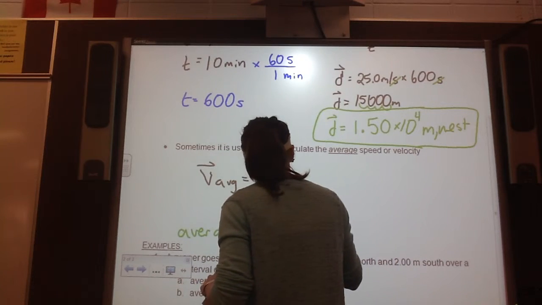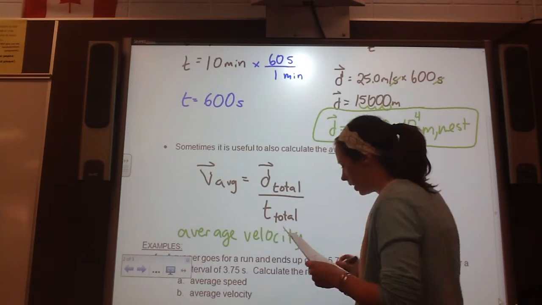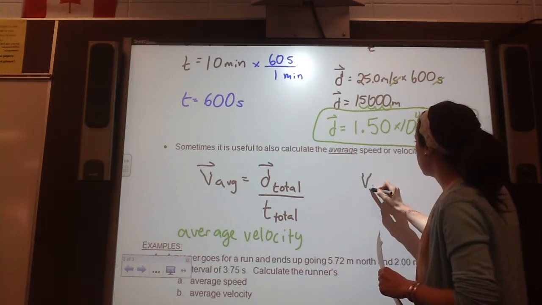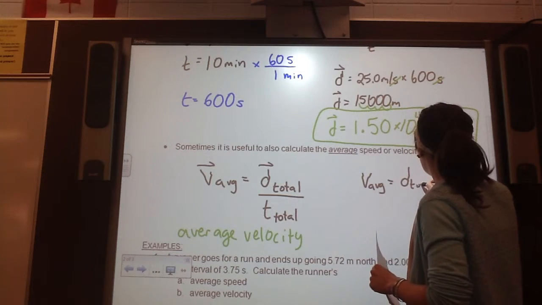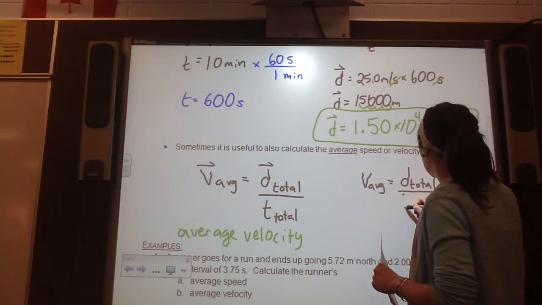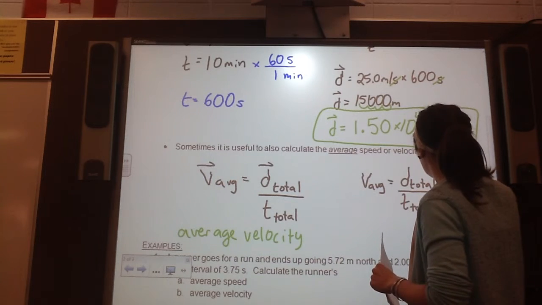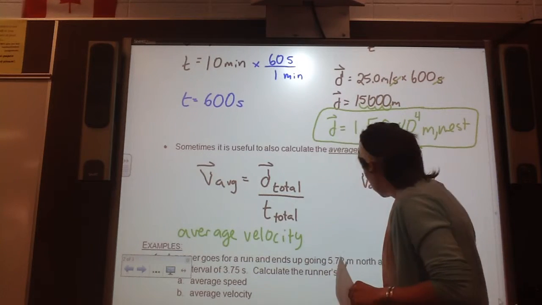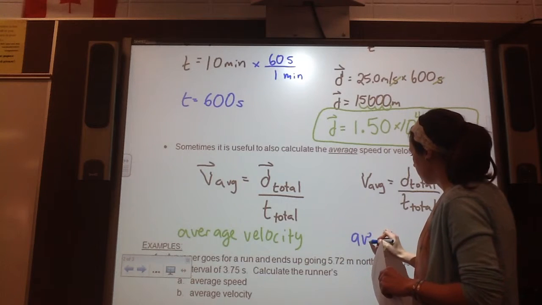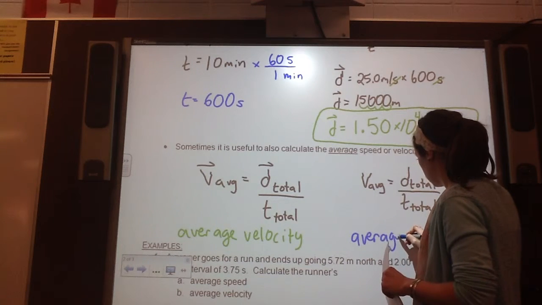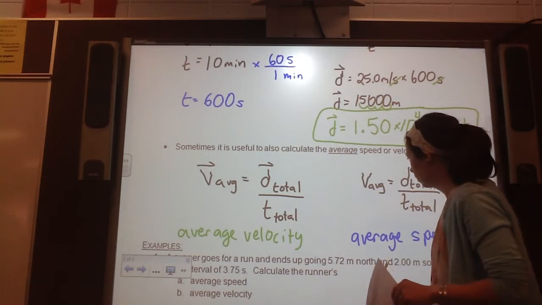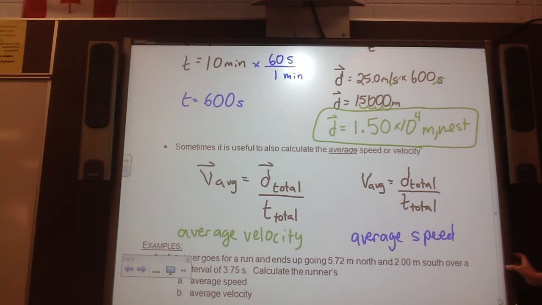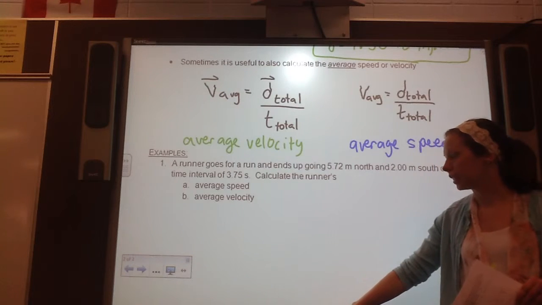And if we had just V average equal to D total divided by T total, this is our average speed. So when you think average, think that you need to have all of the data.